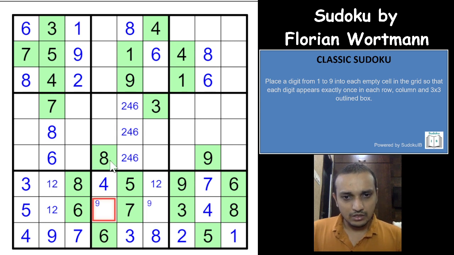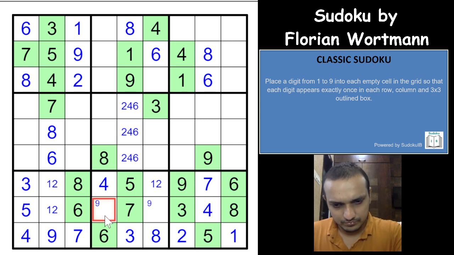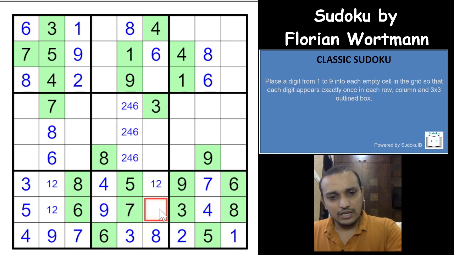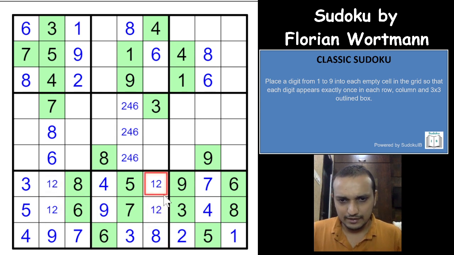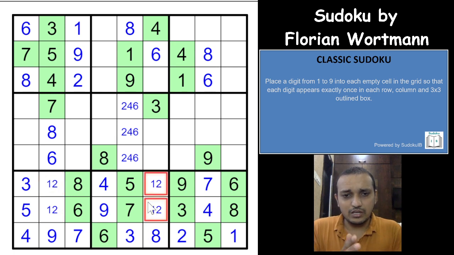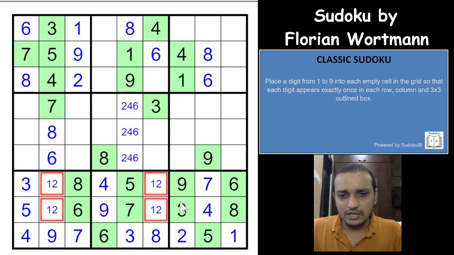So if I write a 9 here, what happens is I'll get a 1 2, 1 2 pair here. This is a 1 2 pair, this is a 1 2 pair, right? So these 1 2 pairs, I cannot write digits 1 and 2 anywhere using any other logic.